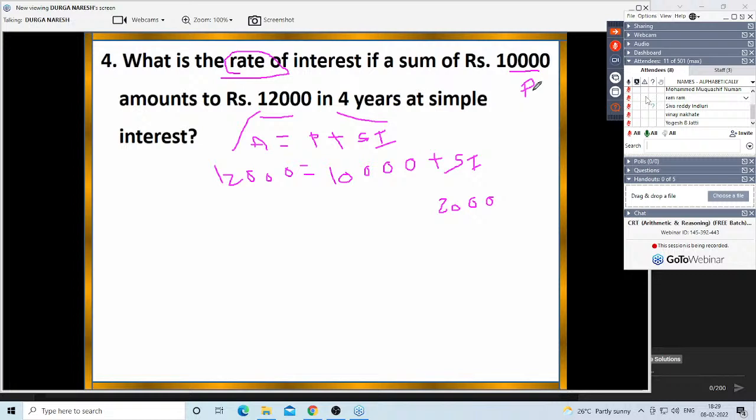P value is 10,000. So is it possible to apply the formula directly? SI is equal to PTR by 100. In that, R is required. SI value directly they have given 2000. P value 10,000. And T value 4 years. Okay.